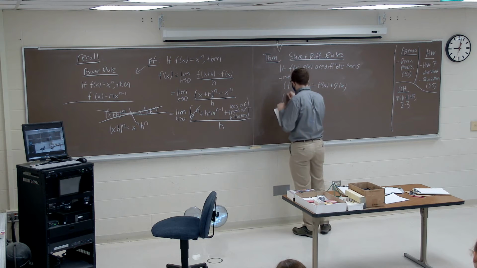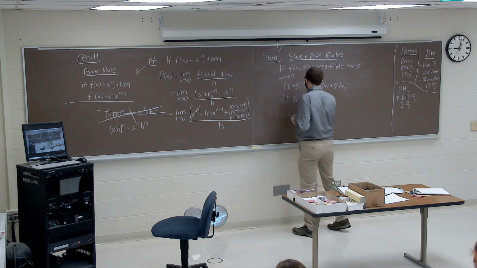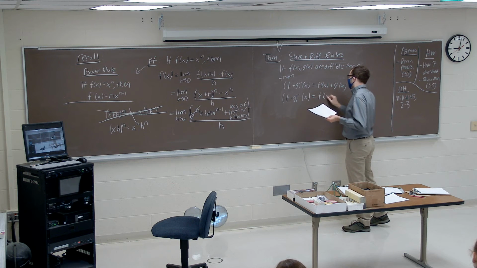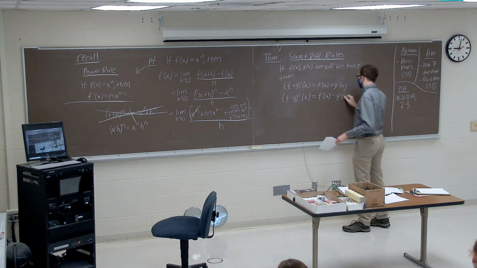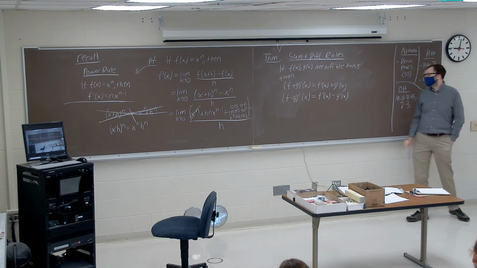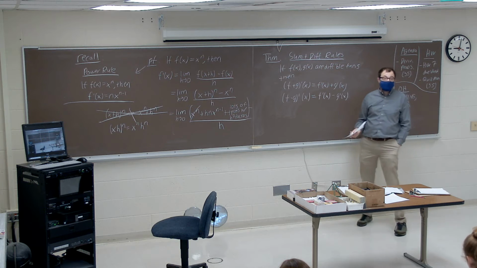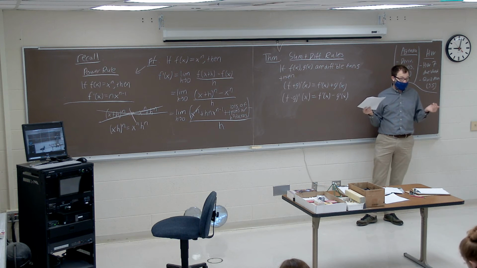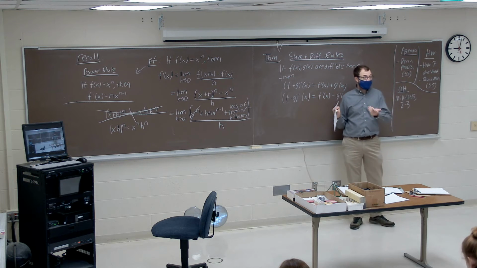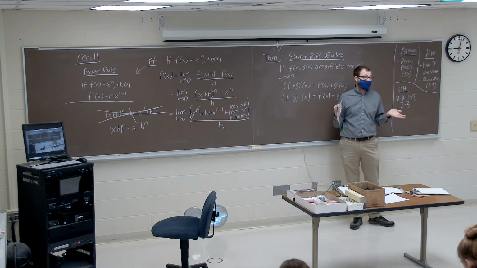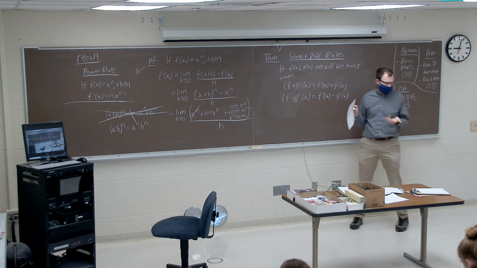And ditto with the difference, the derivative of f minus g is going to be f prime minus g prime. In other words, if we have the sum of two or more pieces, and we want to take the derivative of the whole sum, we can just take the derivative of each individual piece and then add those together. And ditto with differences.